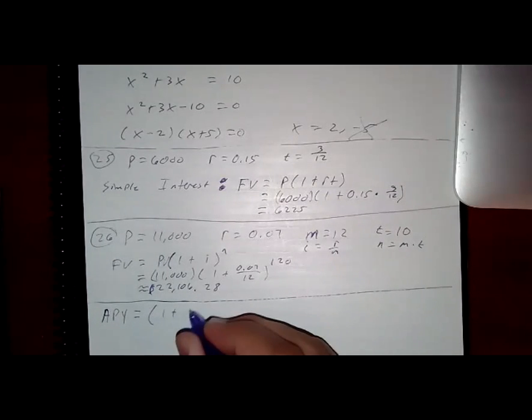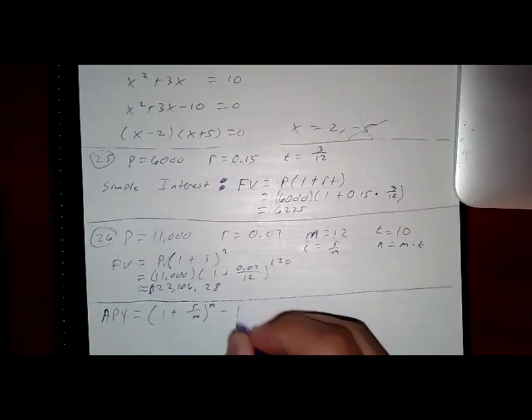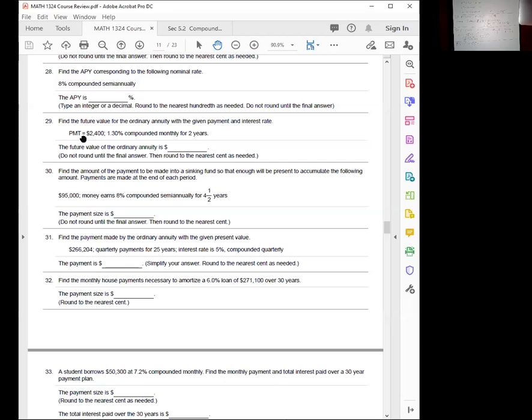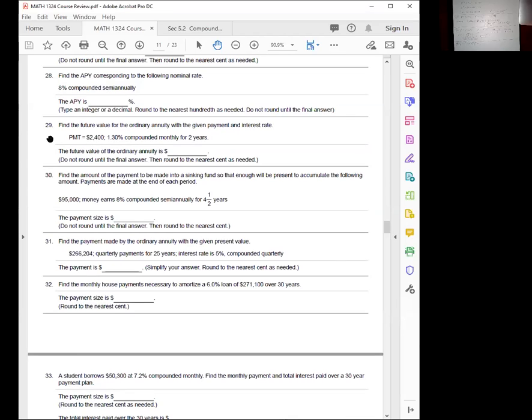One plus R over M to the M, minus 1. Look at the question. So for 28, all we need is the rate and compounding.